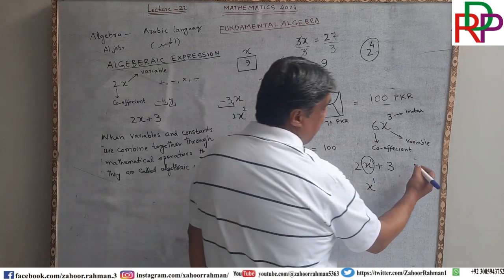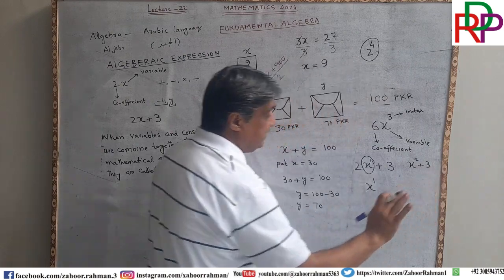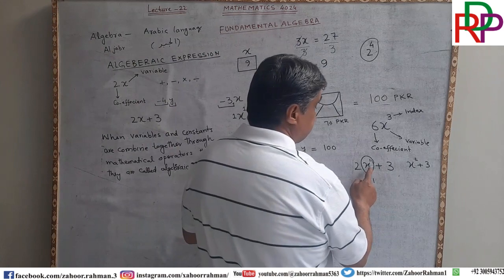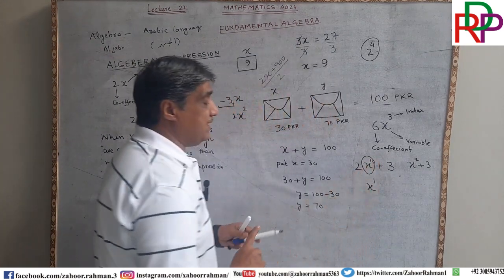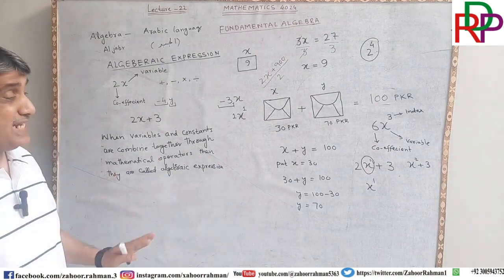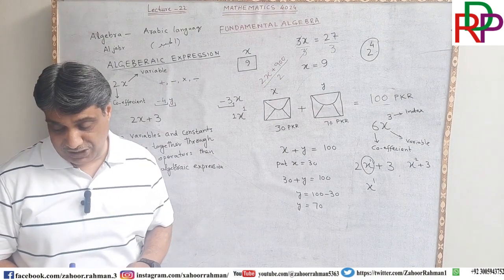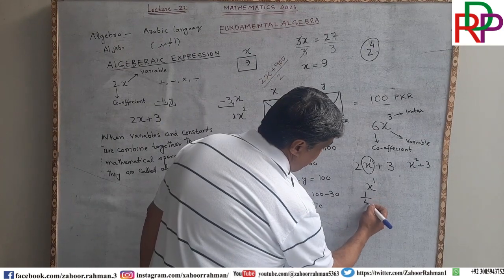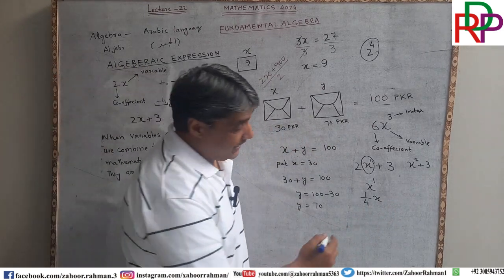Okay, if I am writing x square plus 3, this is a non-linear equation. If the index of the variable is 1, then this is the linear equation. Another example is 1 over 4x minus 7.